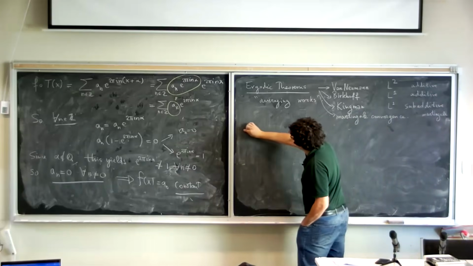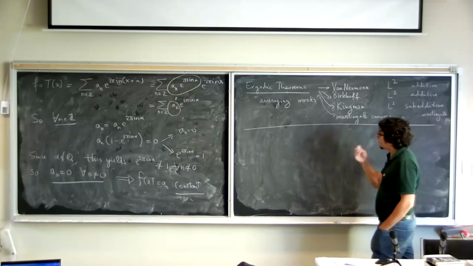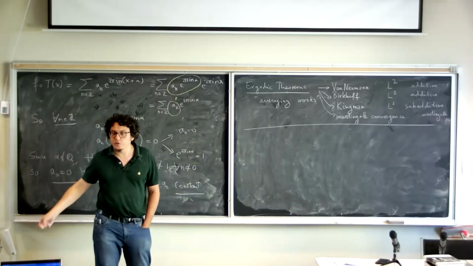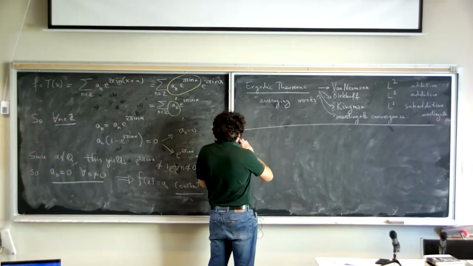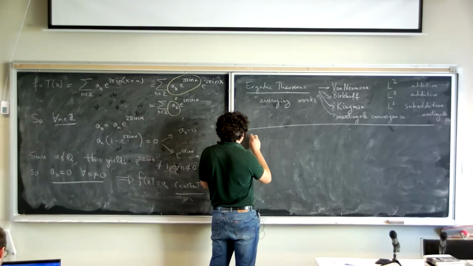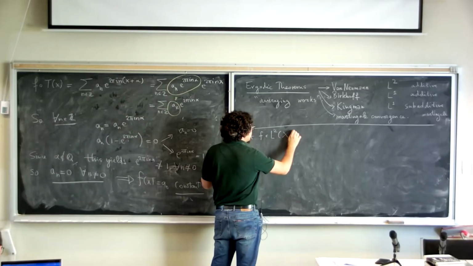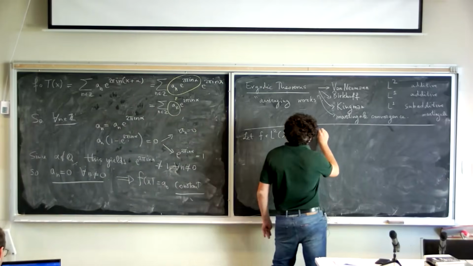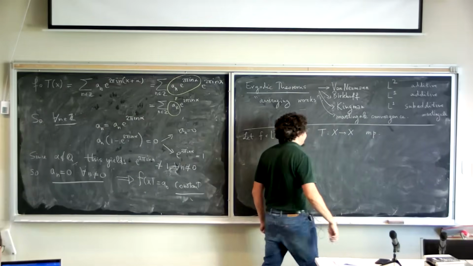Okay, so let's start formulating the theorems. Let's look at the first generation of ergodic theorems due to von Neumann and Birkhoff. Remember, let f be in L2 of (X, μ), a measure preserving system, and T from X to X is measure preserving.